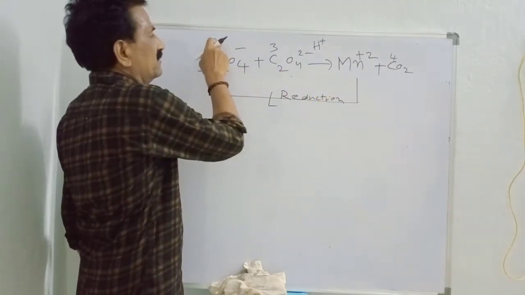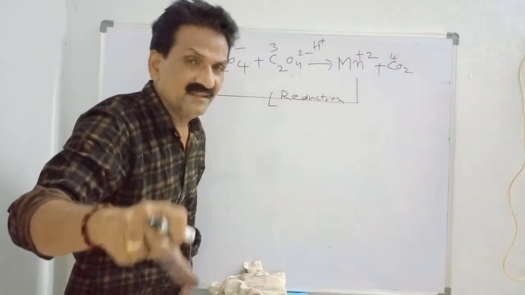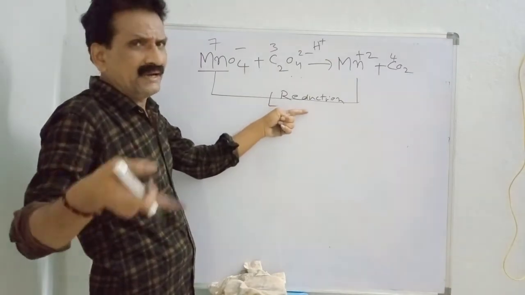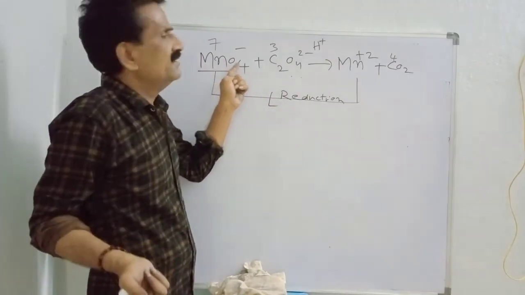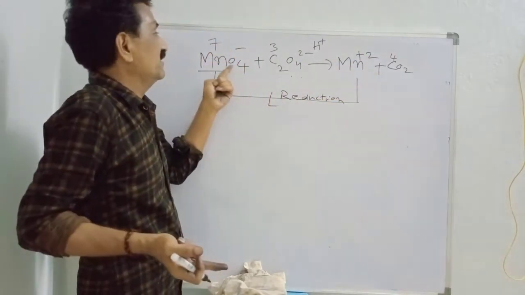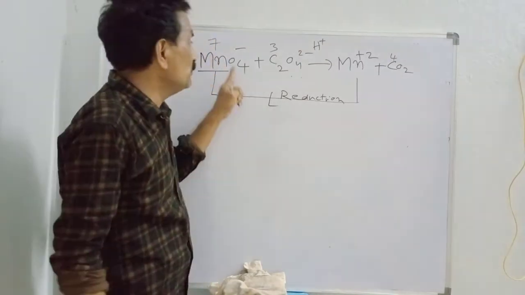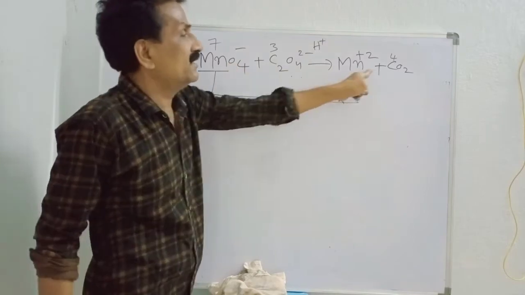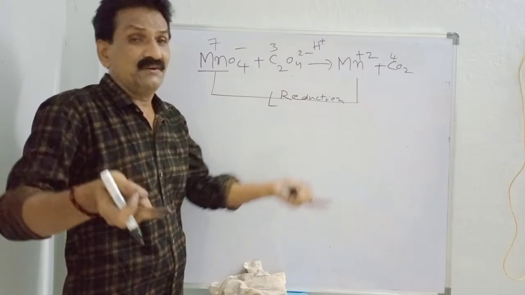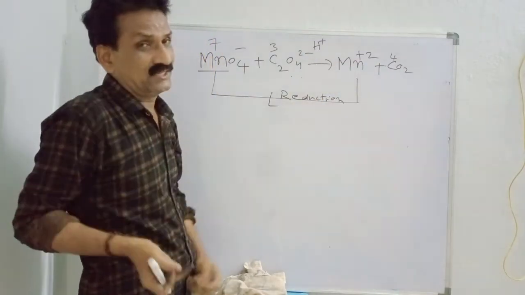If oxidation number decreases, that is said to be reduction. Again, here there is oxygen, here there is no oxygen. Another definition: removal of oxygen is called reduction. Here O4, here there is no oxygen.